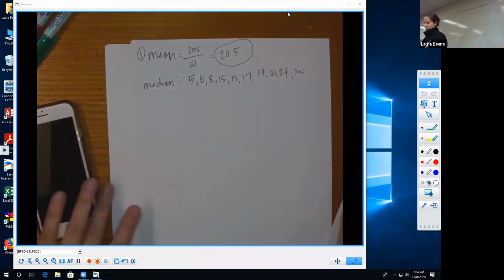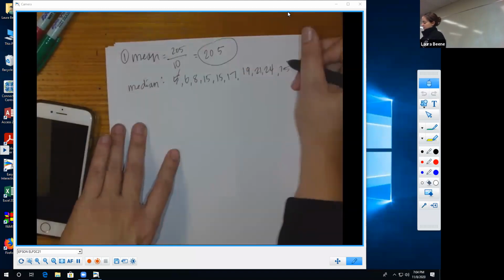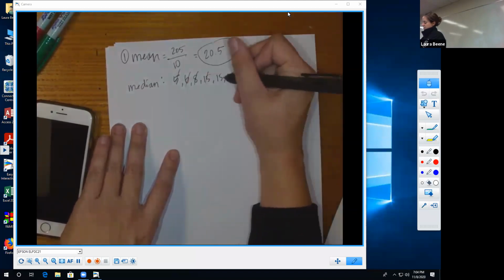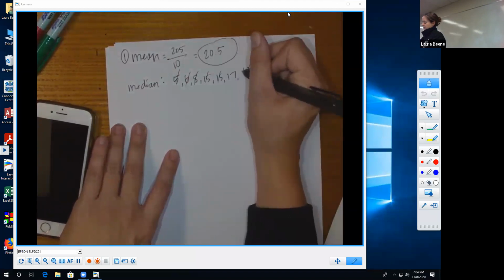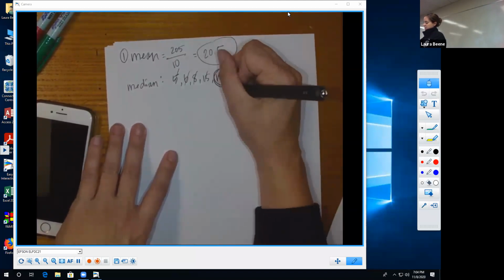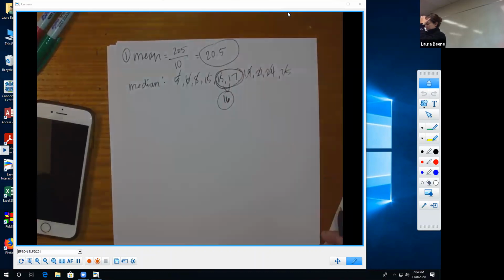So then the median would be the number in the middle. So if you're marking them off one at a time, it would be the average of 15 and 17, which would be 16, would be the median.